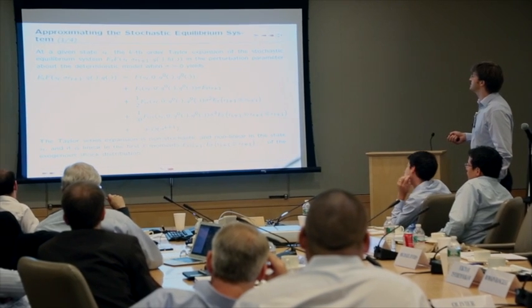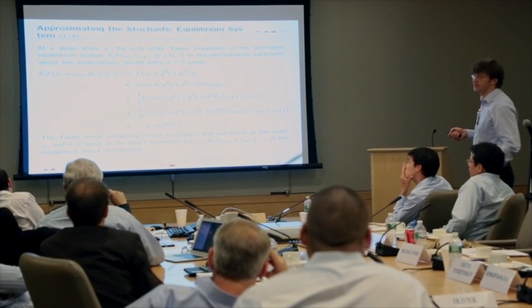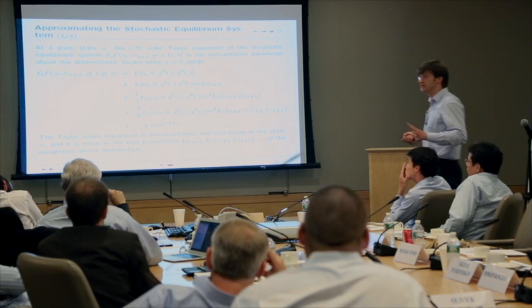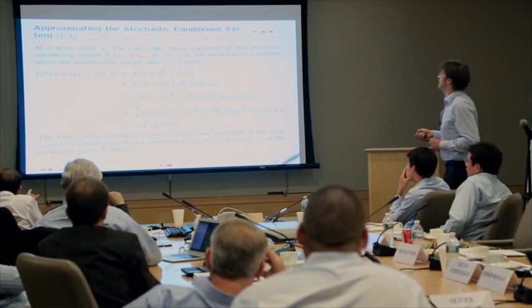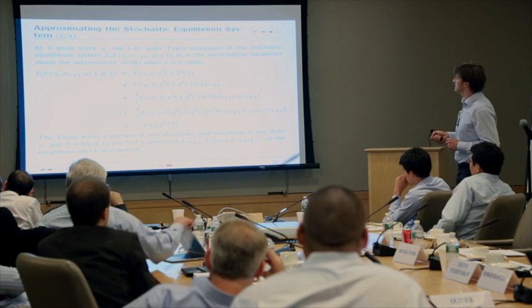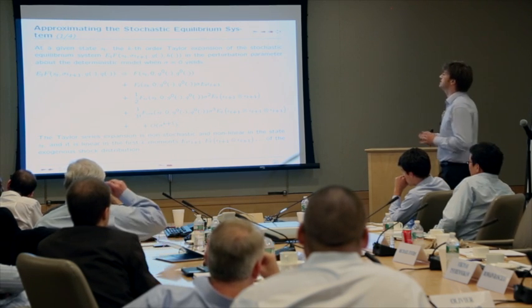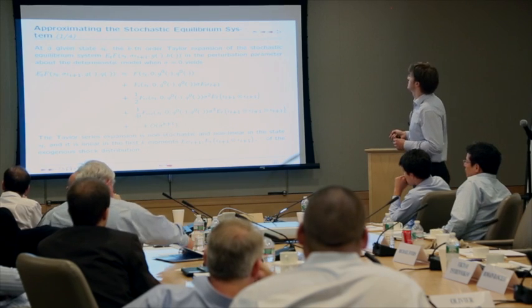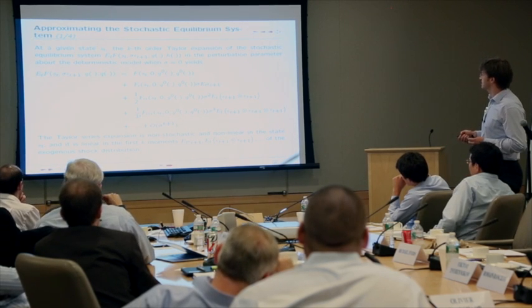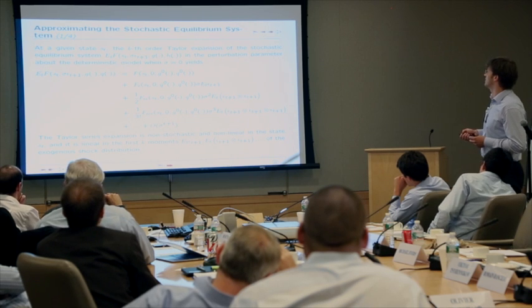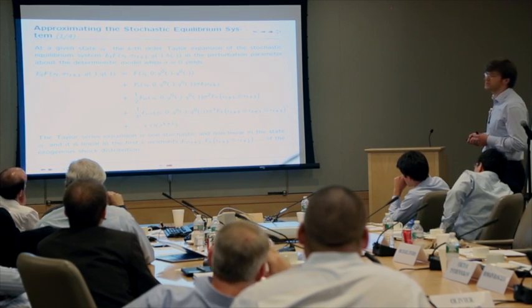So if I start from the deterministic one for any given state, then I can compute from the deterministic one how the deterministic equilibrium system changes given that the sigma is slightly perturbed. And because the sigma is slightly perturbed, then of course this epsilon t plus 1 enters.